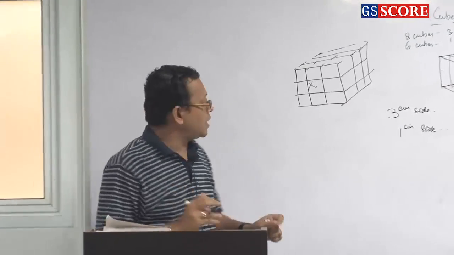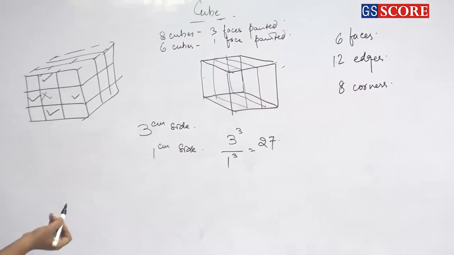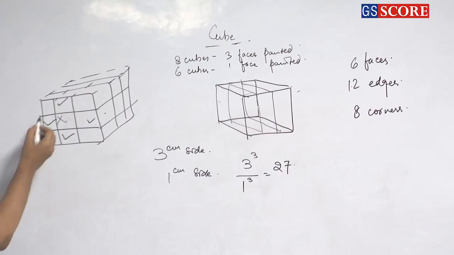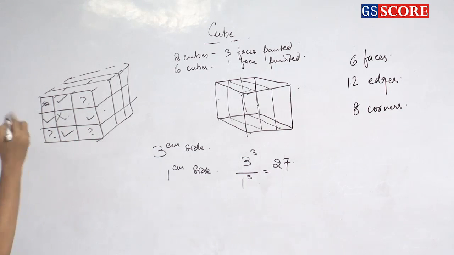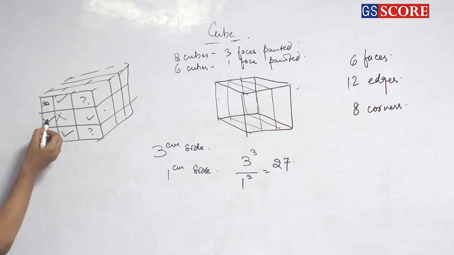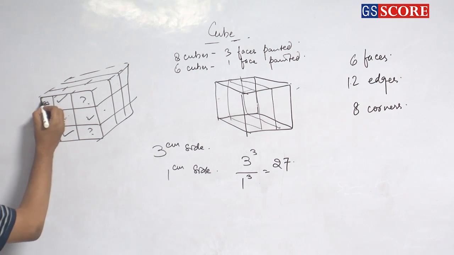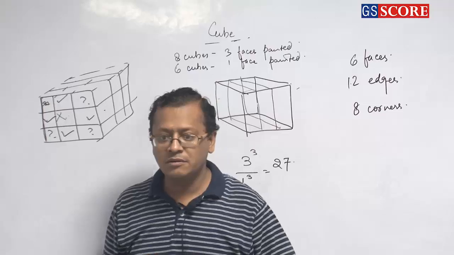Right? Now this is a cube having 2 faces painted, because this face and this face. This is a corner cube, so this you should eliminate. So this is a cube which has got 2 faces painted. So how many cubes are there on each length? 1.